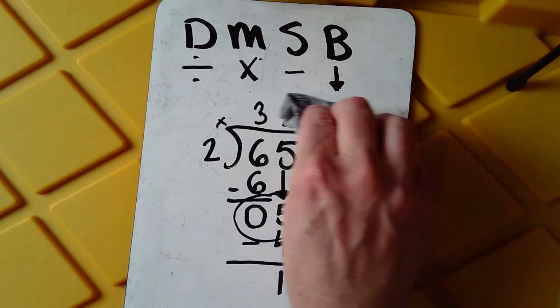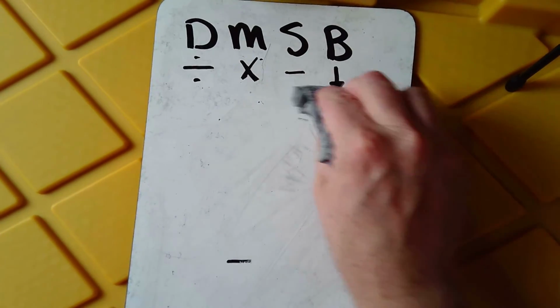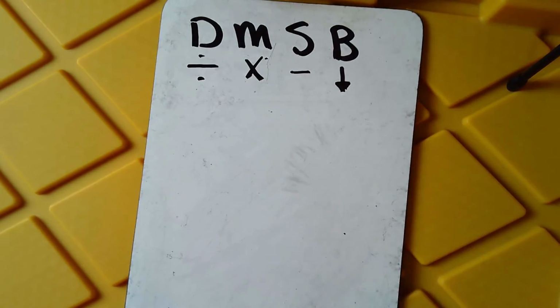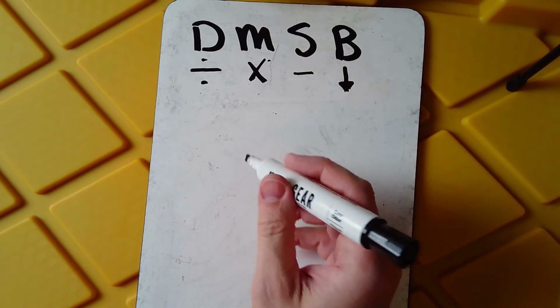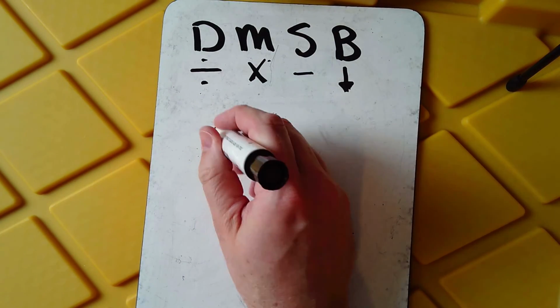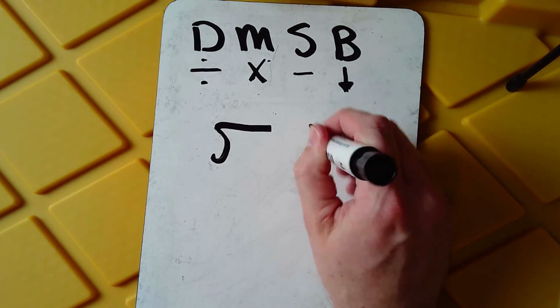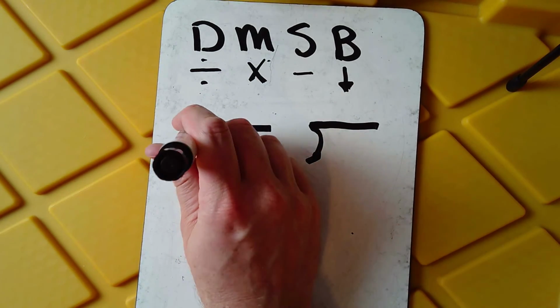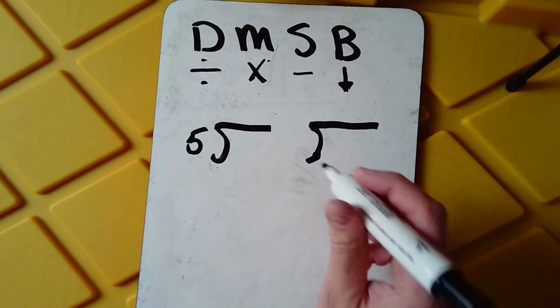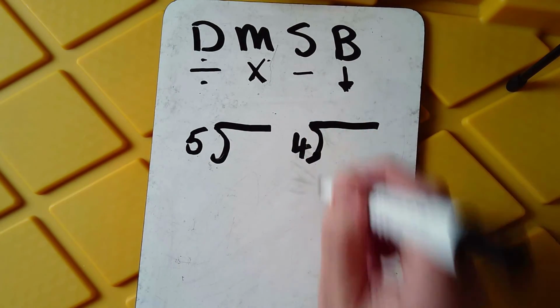Now to give you 2 to work on. Let's go with 2 little houses and 5 on the outside of this one, and let's try a 4 on the outside of this one.